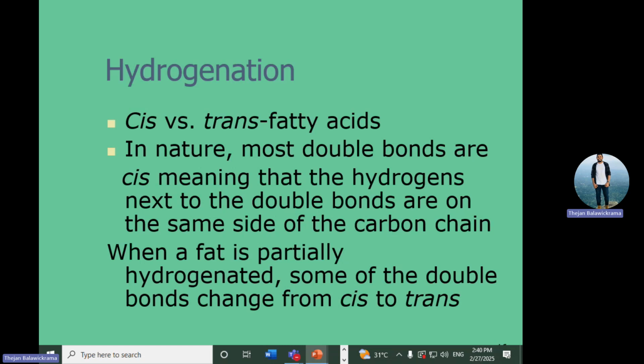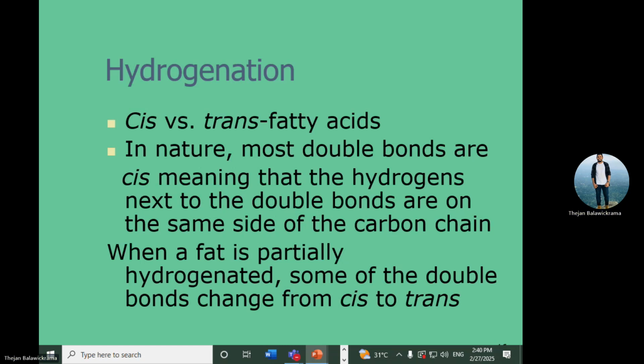So let me introduce the concept first. Here we have a double bond. These are the two groups. I'm keeping the two groups at the same place. And in this case, I exchange. I take this CH3 up. I take this H down.